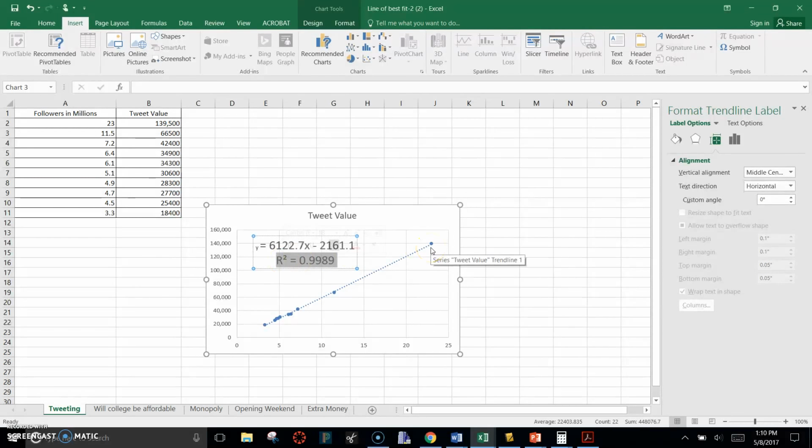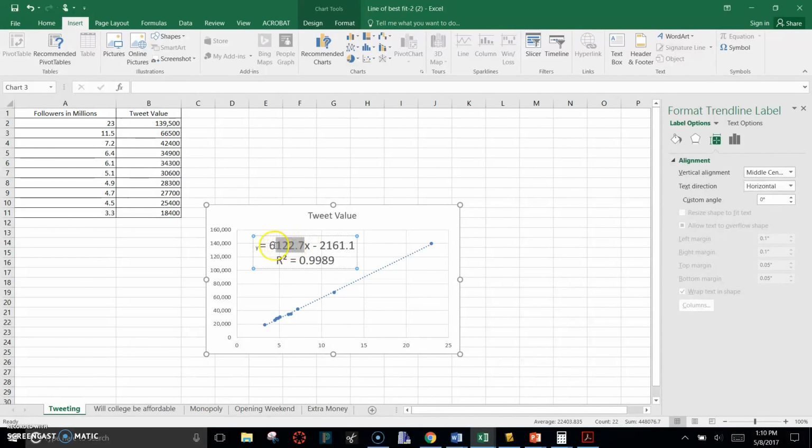Your R squared tells you how closely the dots are related to the line. It's our correlation coefficient that we learned about on Friday. So you can see that most of the dots are hitting the line, and that's why our R squared value is really close to 1. That's why it's 0.9989. So it's really close to 1. That kind of makes sense from what we did Friday.